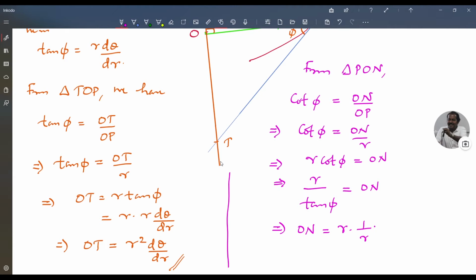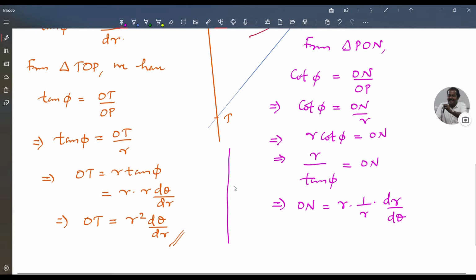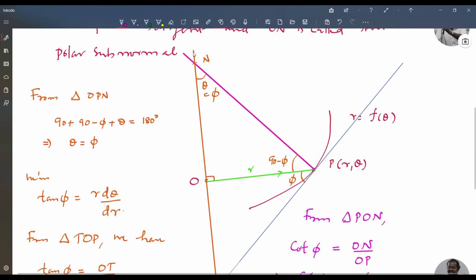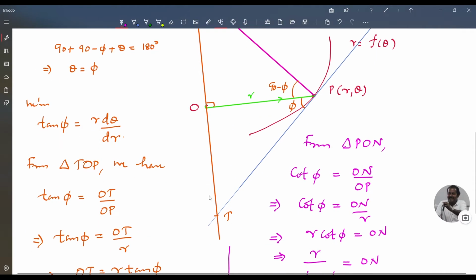So it is r into 1 by r into dr by d theta. This implies ON equals dr by d theta. So this is the polar subnormal. This distance is the polar subnormal and this distance is the polar subtangent.